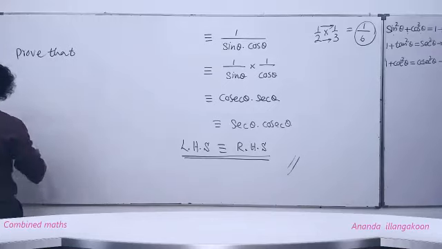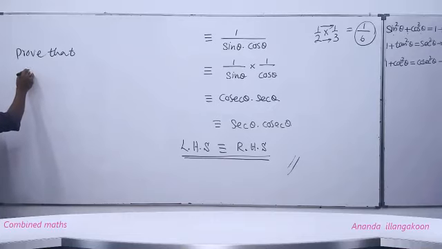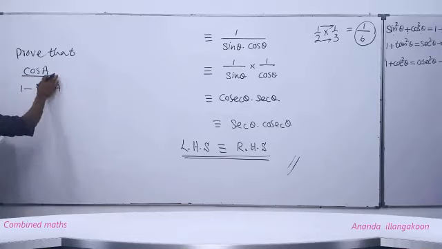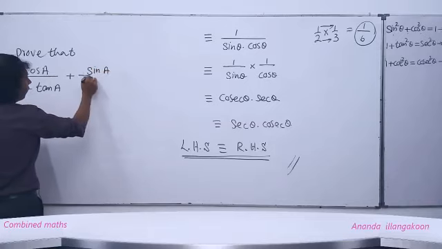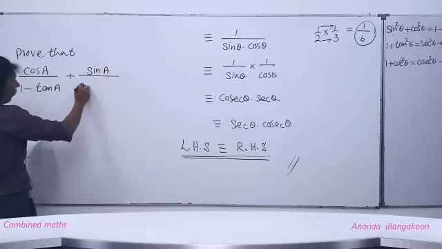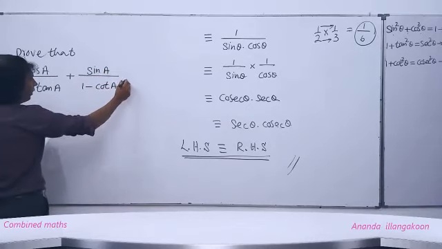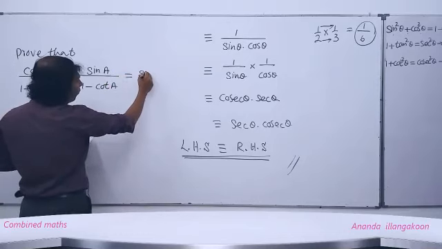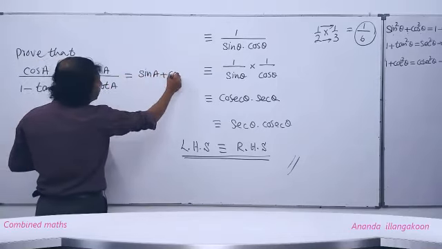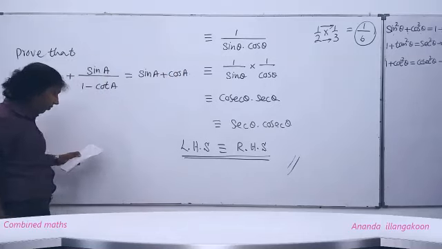Prove that cos A divided by 1 minus tan A plus sin A divided by 1 minus cot A is equal to sin A plus cos A. Sin A plus cos A, right?